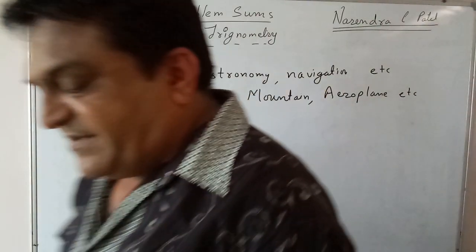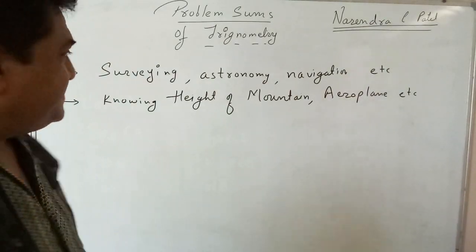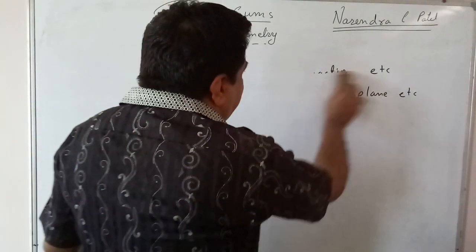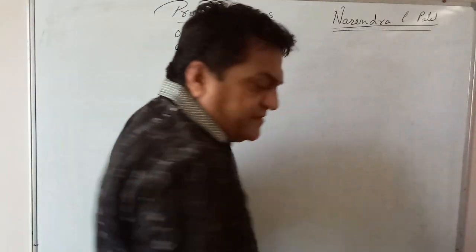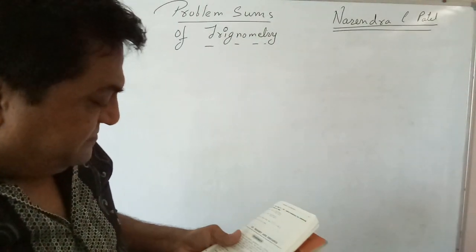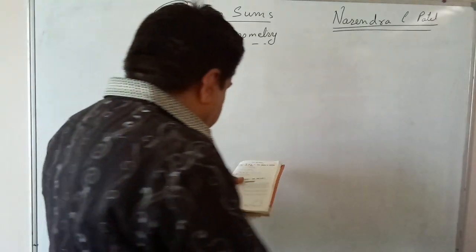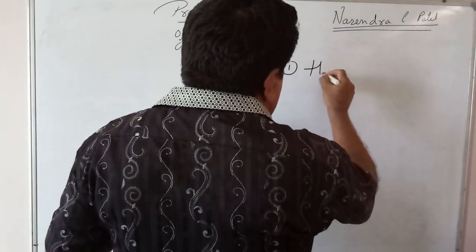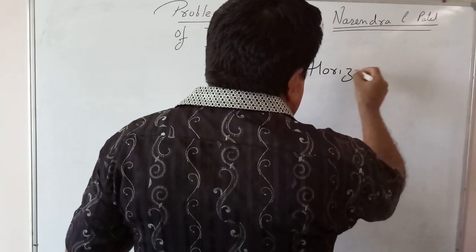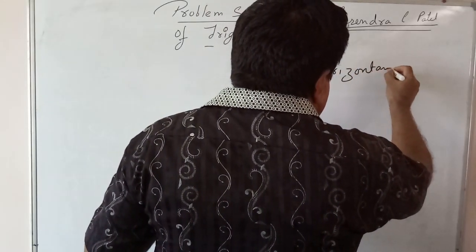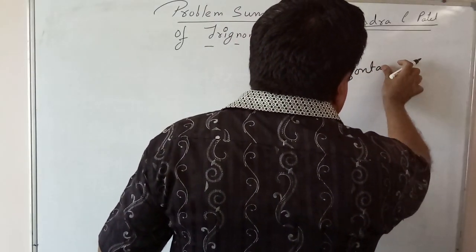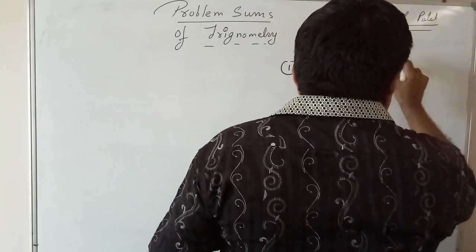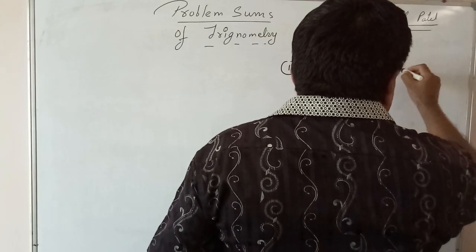For that, let me explain what is angle of elevation. Here we learn: first, horizontal ray.